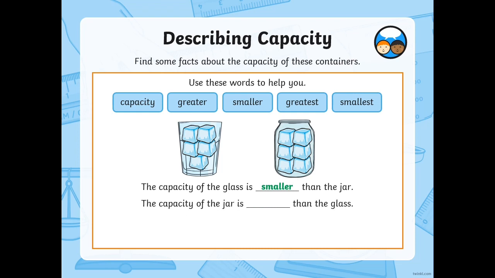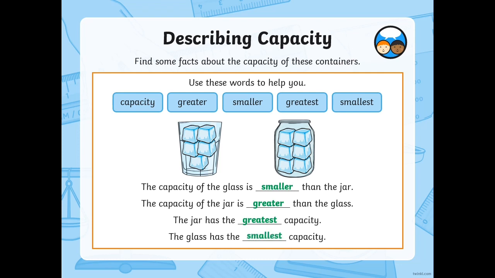The capacity of the jar is greater than the glass. The jar has the, which one would it be? Greater, smaller, greatest, smallest. Greatest. The jar has the greatest capacity. The glass has the smallest capacity.